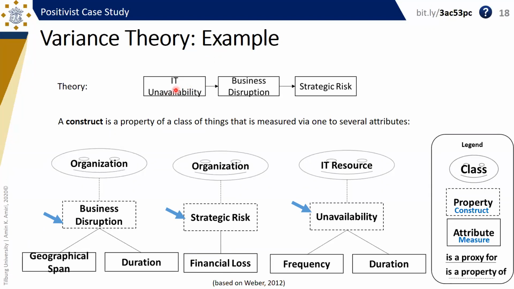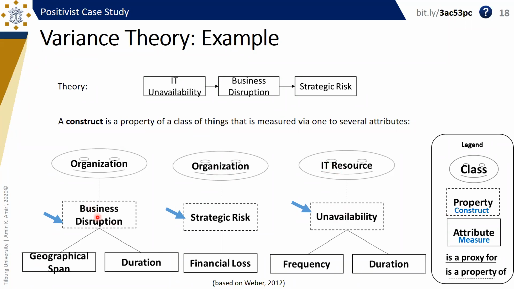Because of that, I can assign a high or low value. You see, each construct belongs to a class of things in this world. Unavailability belongs to the IT resource.